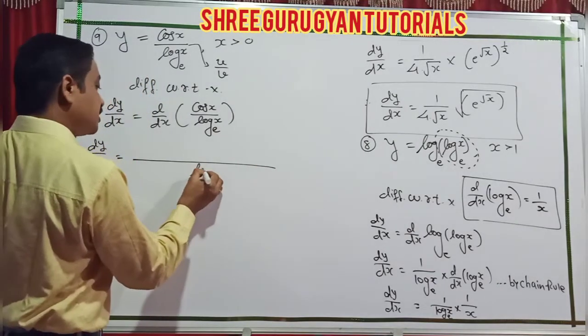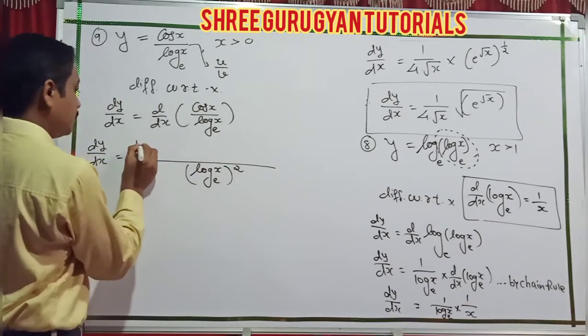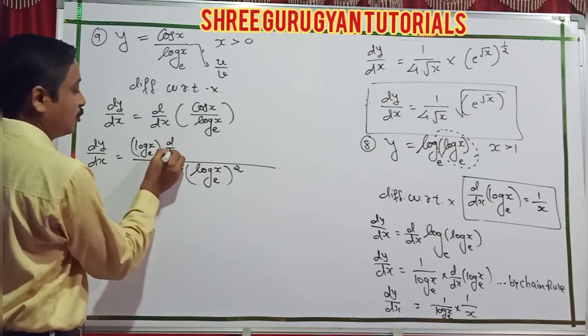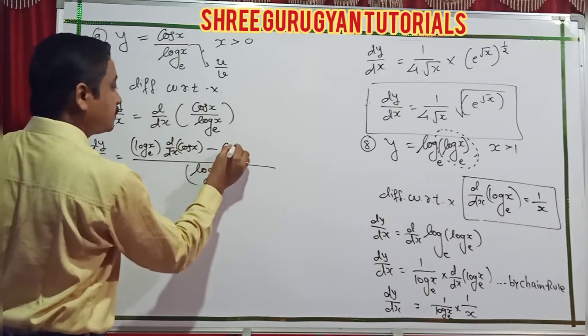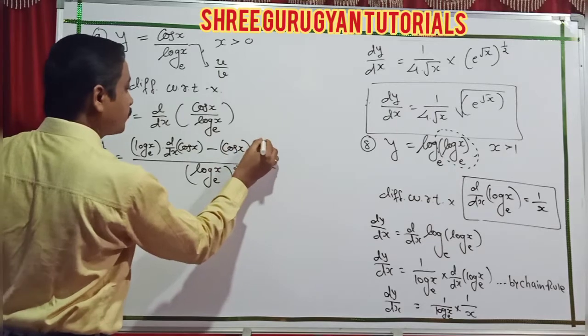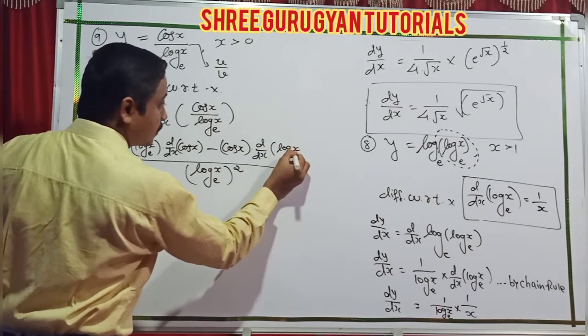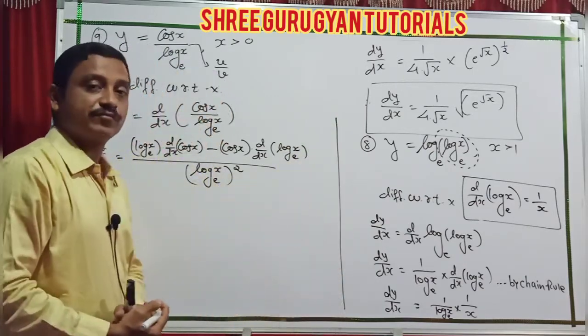So denominator square, continue. Denominator d dx of numerator minus numerator d dx of denominator. Very easy and simple process, students.